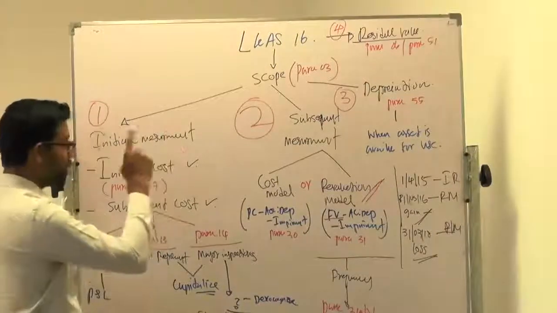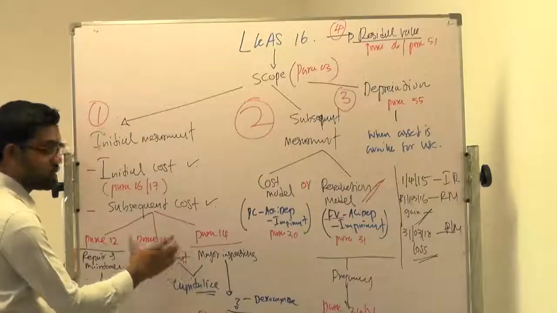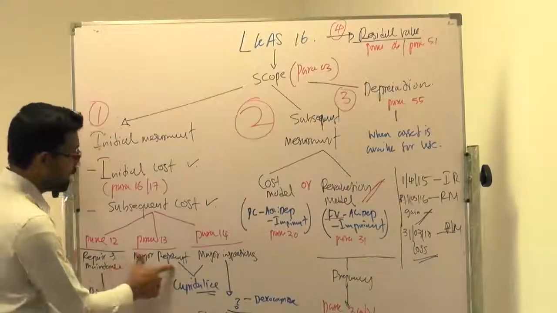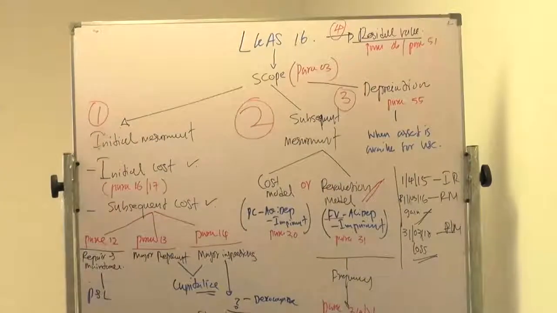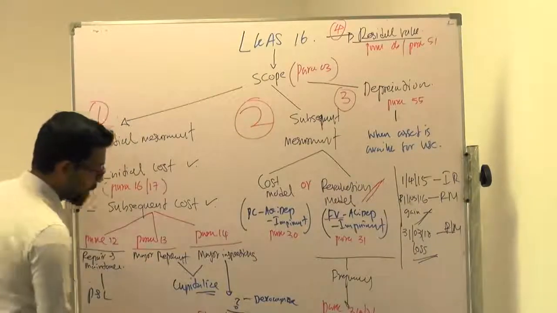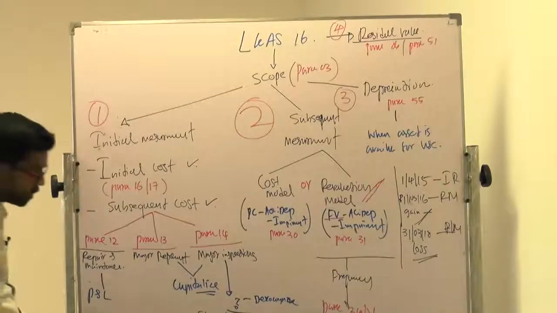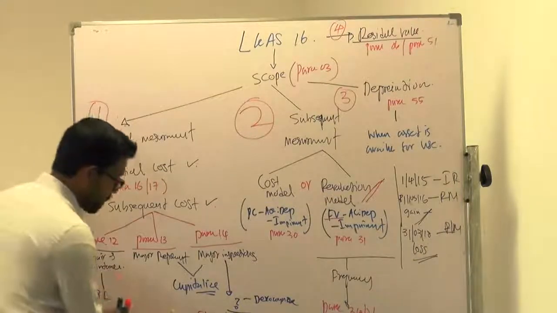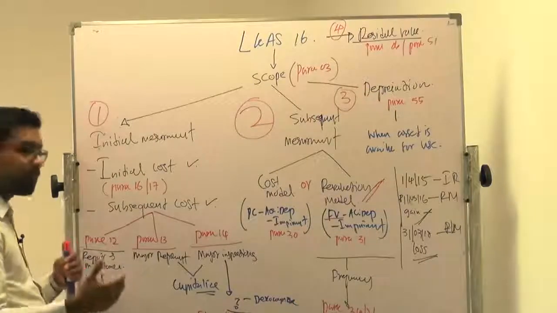Understand, irrespective of the asset's useful life, you need to capitalize this by identifying the useful life of the replacement and the inspection. Let's say the asset has a useful life of 10 years, but it's required to carry out major inspection over a period of 5 years. Then the cost incurred for the major inspection you have to capitalize and depreciate over the period of 5 years.